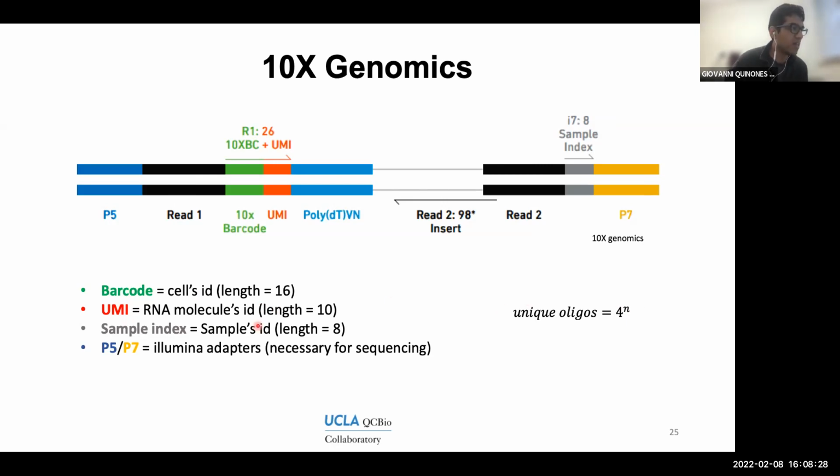And UMI, how many UMIs can we generate? That will be 4 to the power of 10. That number is a little over 1 million. So yeah, this length will give you an idea of how many unique sequences you can generate. Are there any questions?